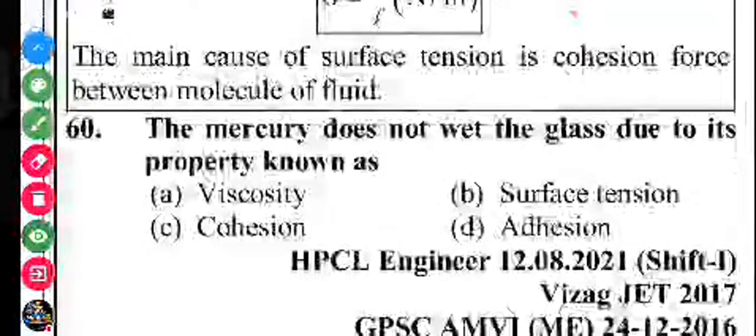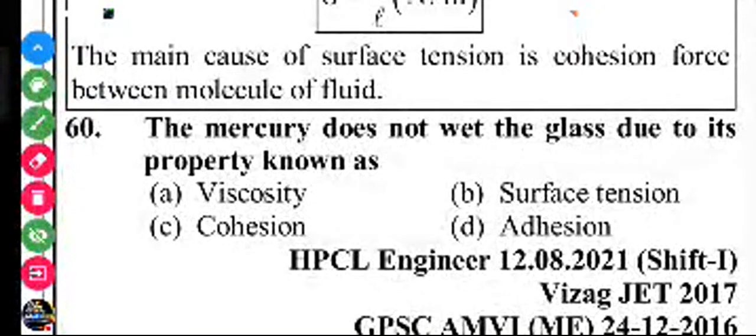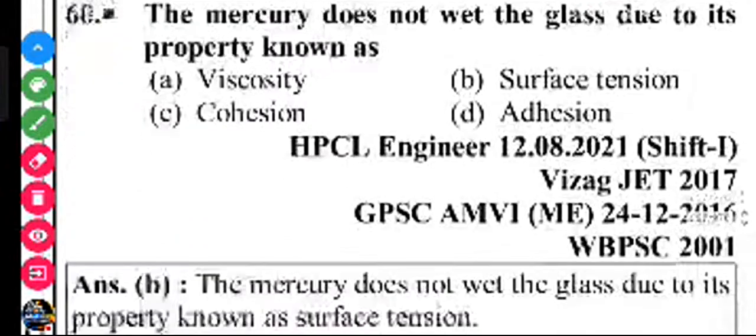Question number 60. Mercury does not wet the glass due to its property known as cohesion. Sorry.